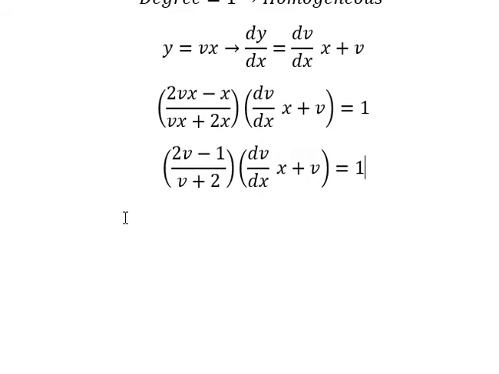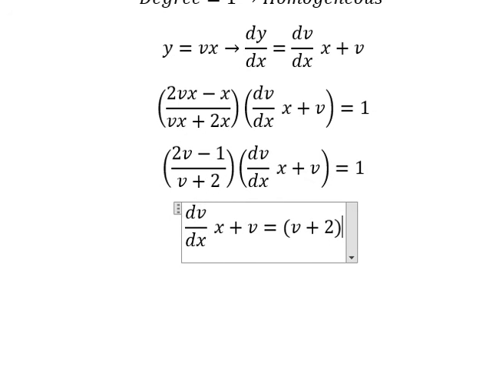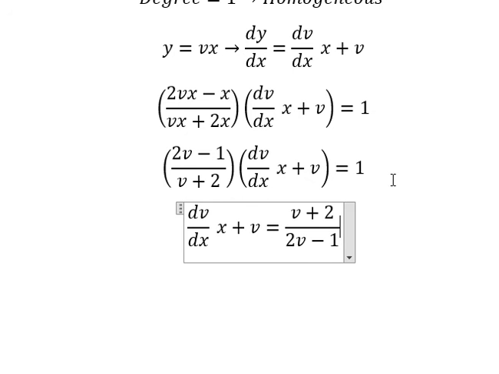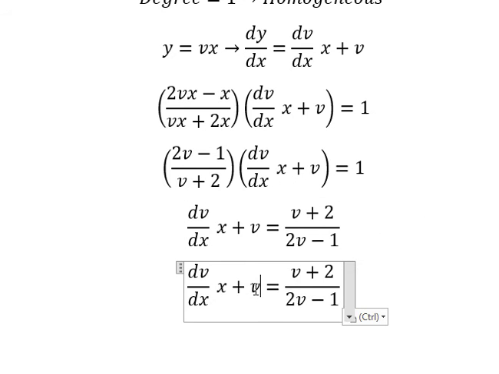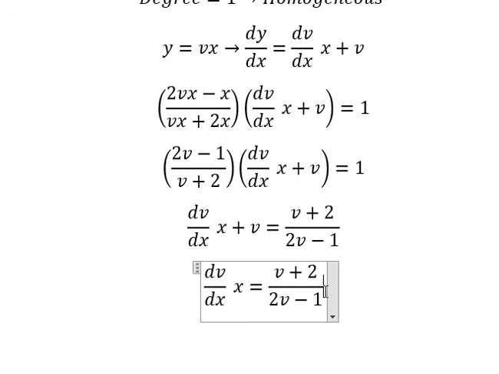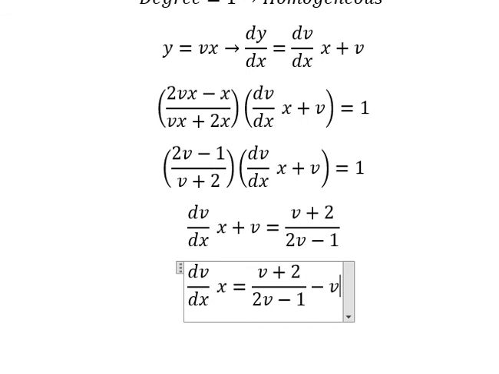Next, we divide both sides by this one. Next, v I will put on the right, and we have negative v.